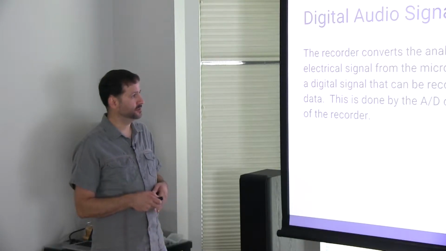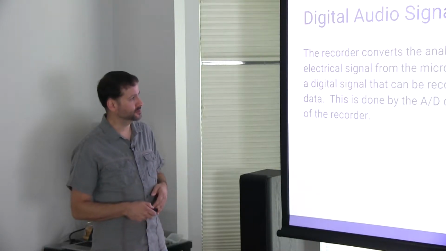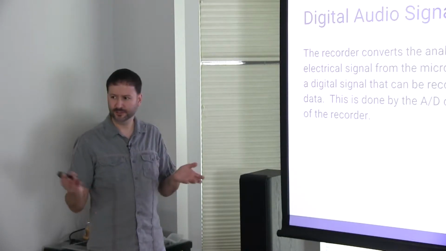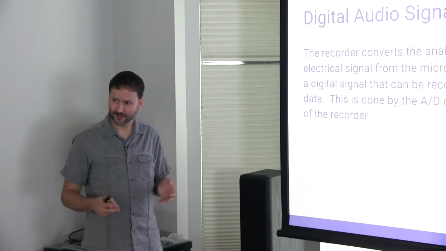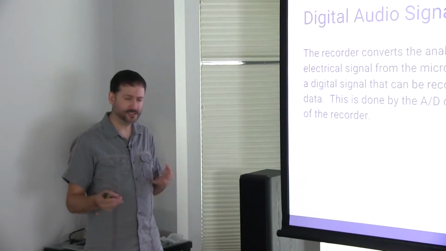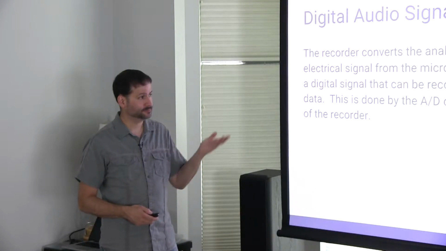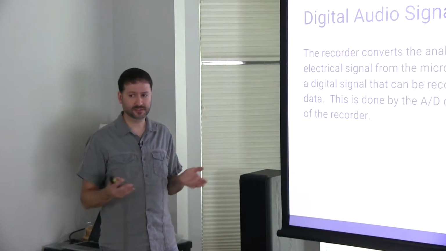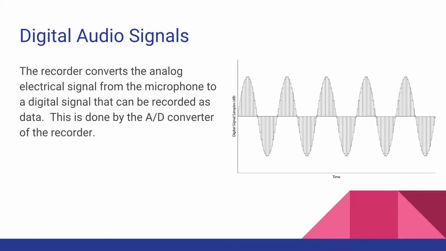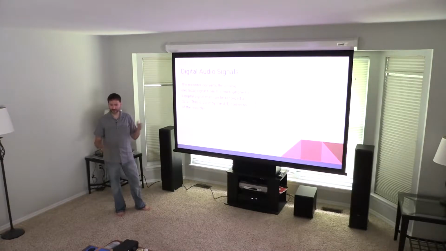I don't know how well you can see this on this graph, but you know how photographs are pixelated, and it's the same kind of concept, only with sound. The number is, by definition, an approximation of what the actual voltage is. But if you have a big enough range of numbers, you can be pretty precise. And I'm going to talk about that in a second.